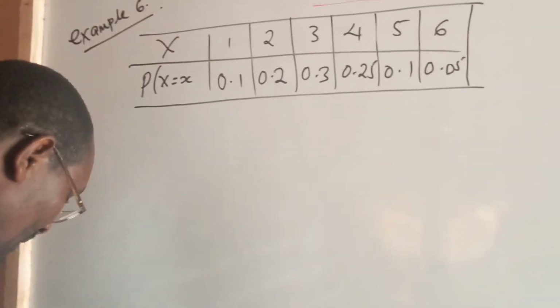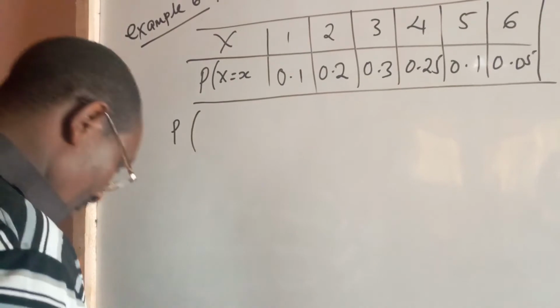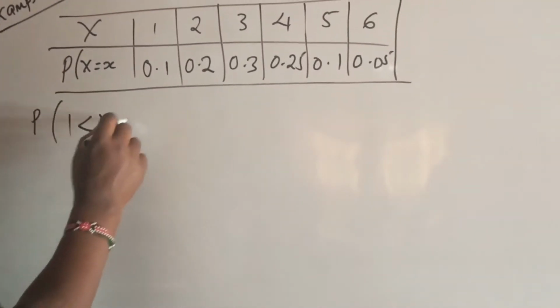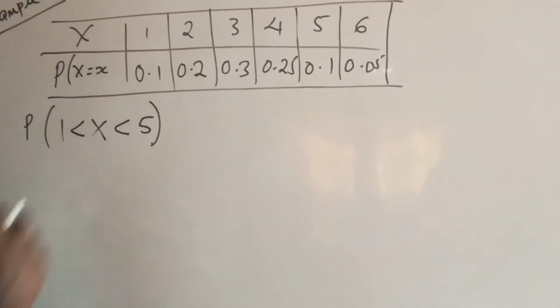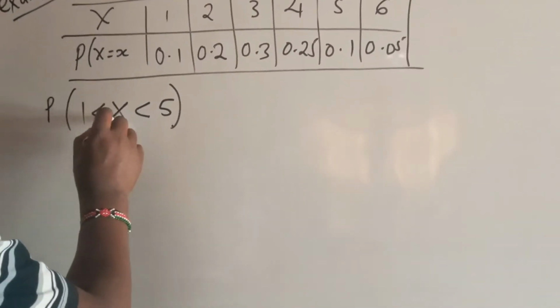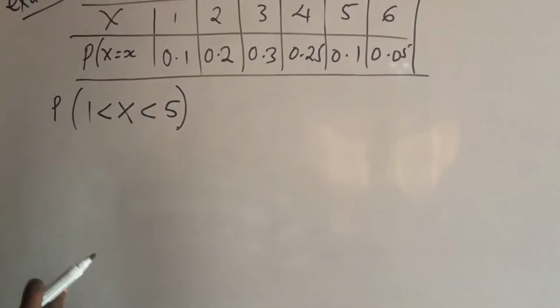Find the probability of x greater than 1 and less than 5. It is not a specific area.